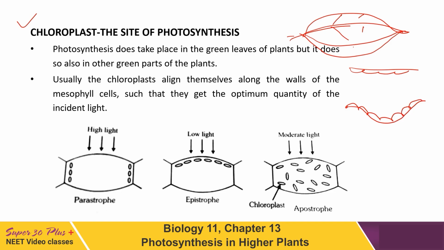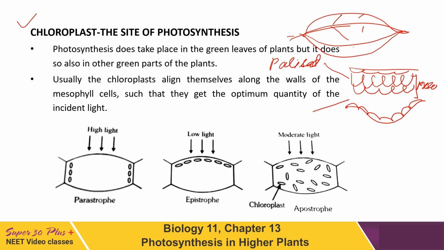The tissue in between the two is called mesophyll. Mesophyll is differentiated here. The upper layer has columnar cells without an intercellular space. You know the name of this. These are known as palisade tissue, and this one is spongy tissue.